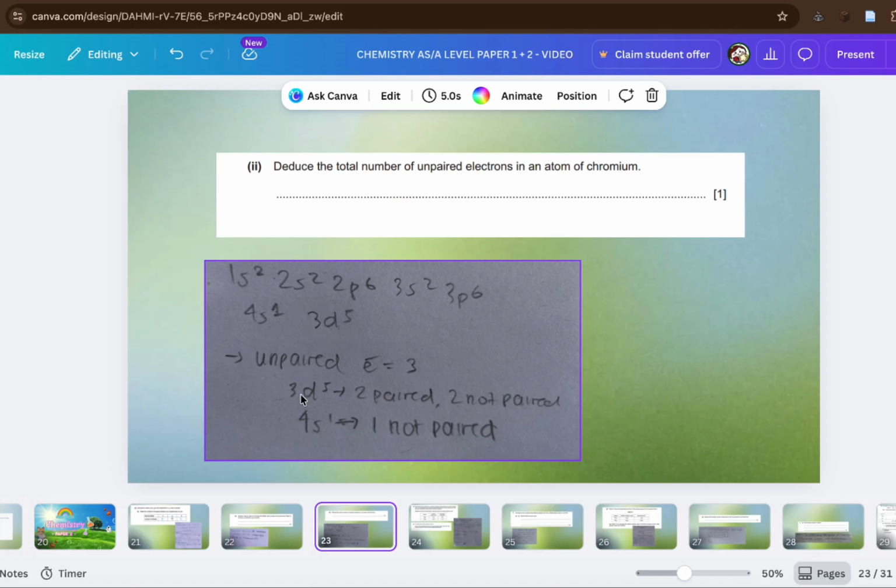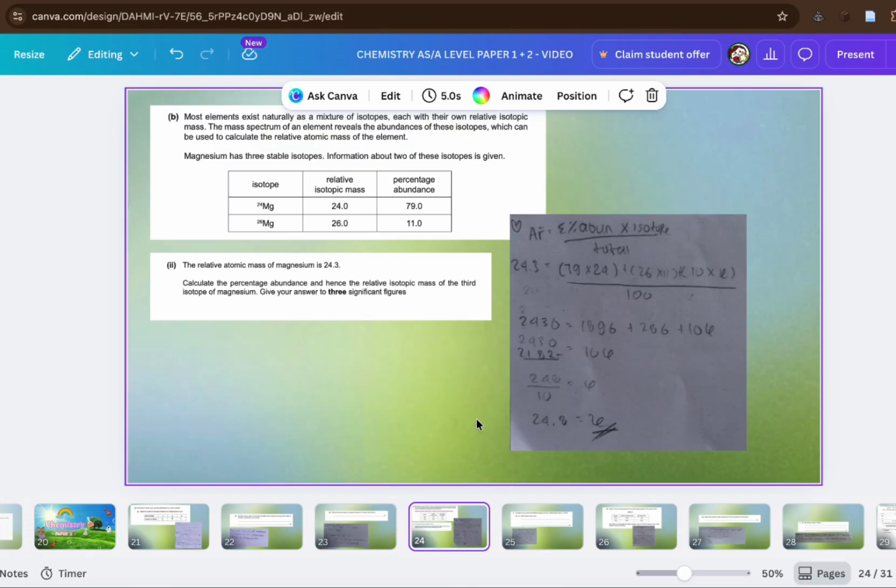In 3d5, there are five orbitals and only five electrons, so all five are unpaired. So the answer is 6 unpaired electrons.